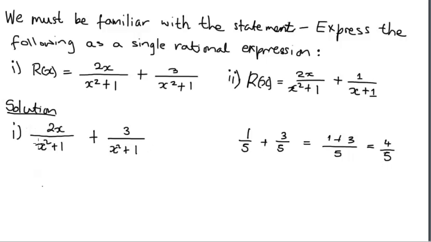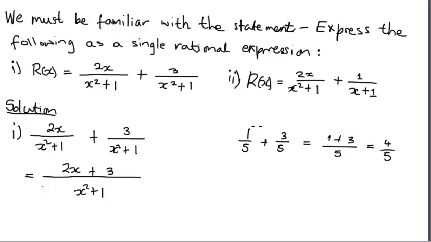Now we'll do exactly the same thing in this situation: we write our common denominator once, because we want to express this as a single fraction, then we add up the numerators as 2x plus 3.